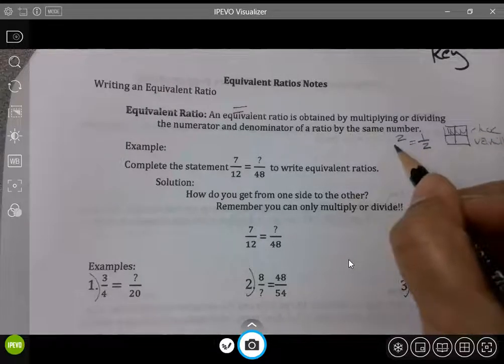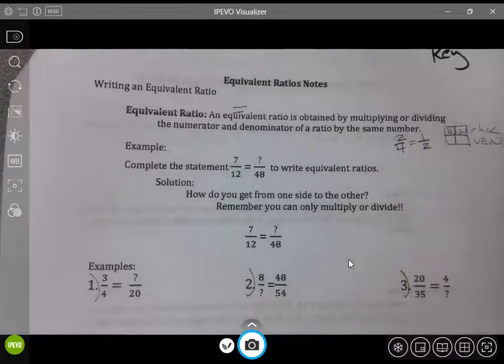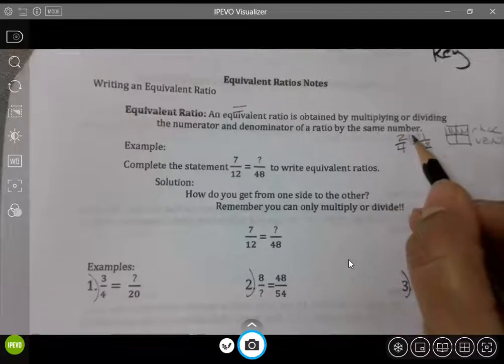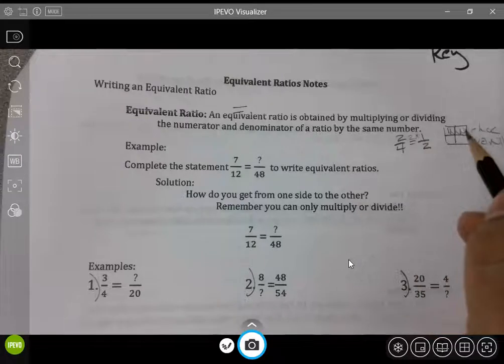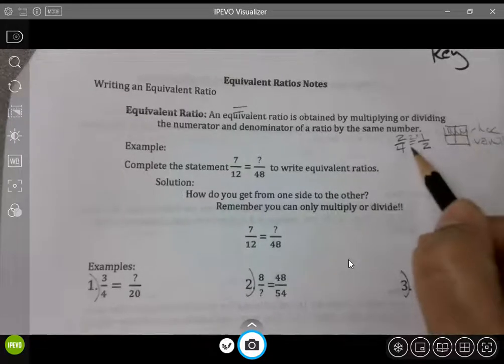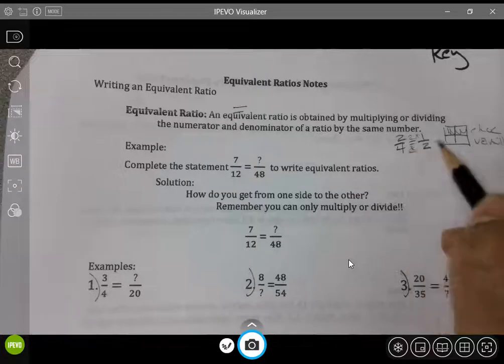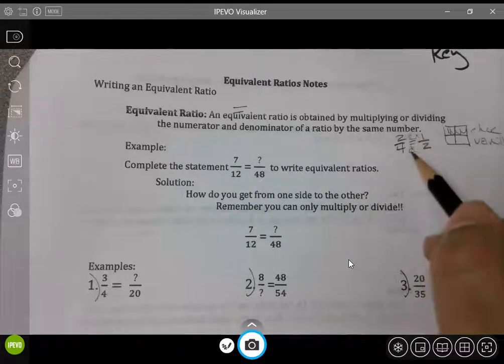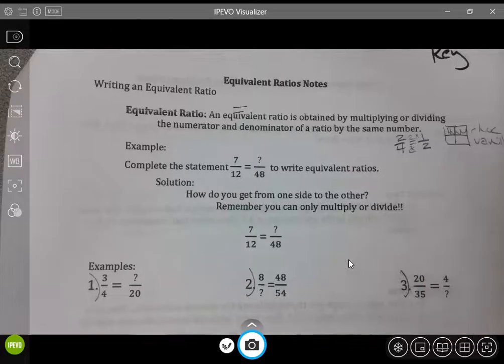I have 2 chocolates out of 4. Well, how did that happen? I just made it 2 times greater. I didn't just make the chocolate 2 times greater. I made all of it 2 times greater. That's why I would have to multiply the numerator and the denominator by 2 to get it.